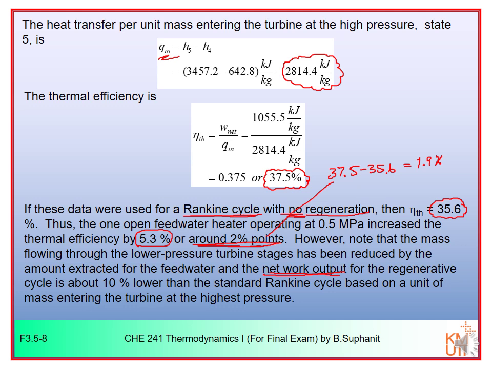So the power that you would get from the turbine would be reduced. The net work output for the regenerative cycle here would be about 10% lower than the standard Rankine cycle. So this is the price that you have to pay. You get improved efficiency, but you get less net work output in this case.